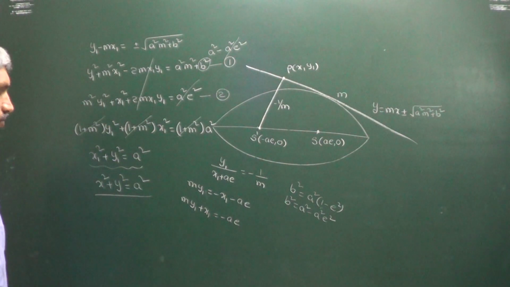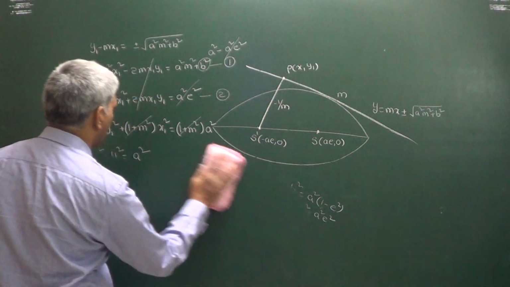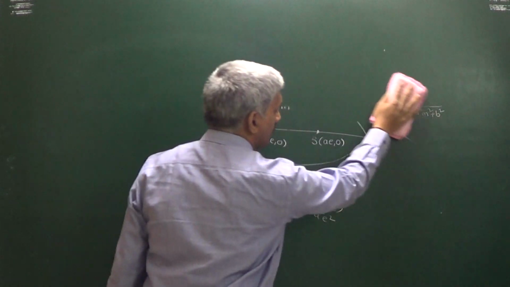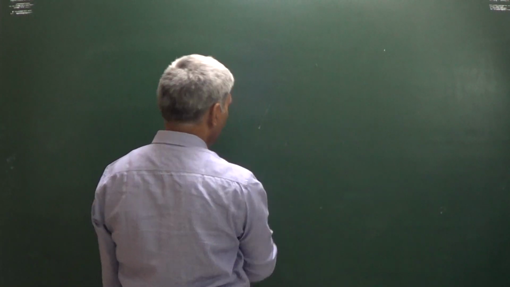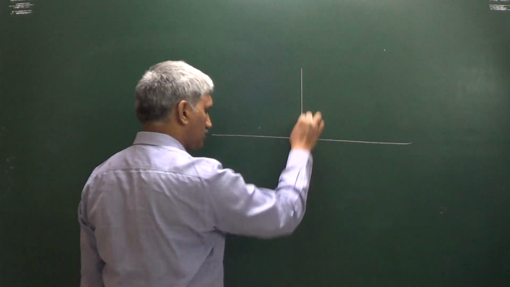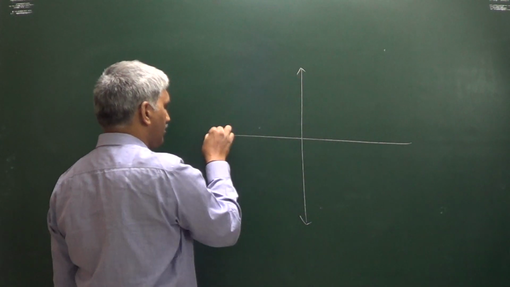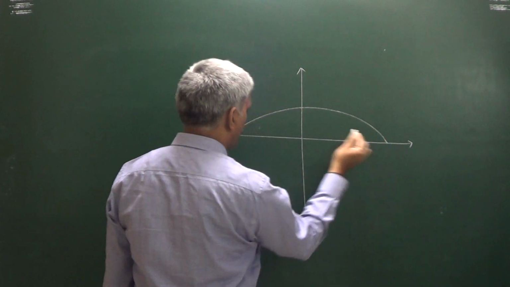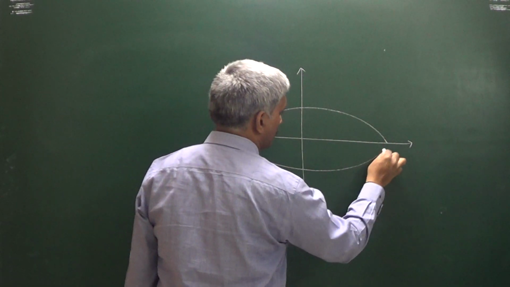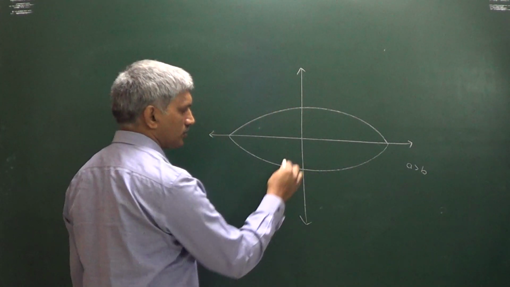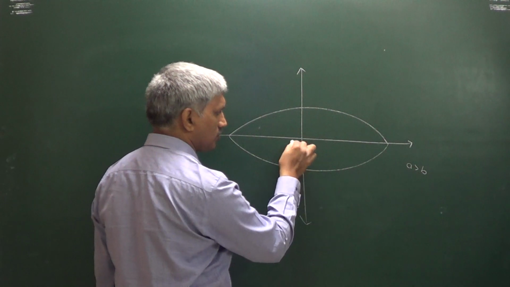Did you observe what the radius of the auxiliary circle is? The radius of the auxiliary circle we got is nothing but the semi-major axis. For an ellipse x square by a square plus y square by b square equals 1, when a is greater than b, the center is (0, 0).